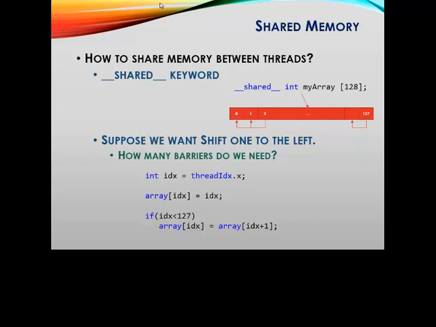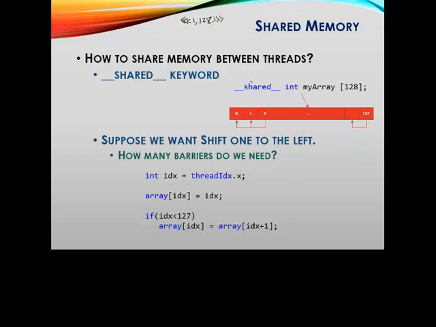Let me explain a little bit about the components of this program, and then I'm going to tell you what is happening here. What I'm writing is a kernel that I would invoke in one block, say with 128 threads in that block.